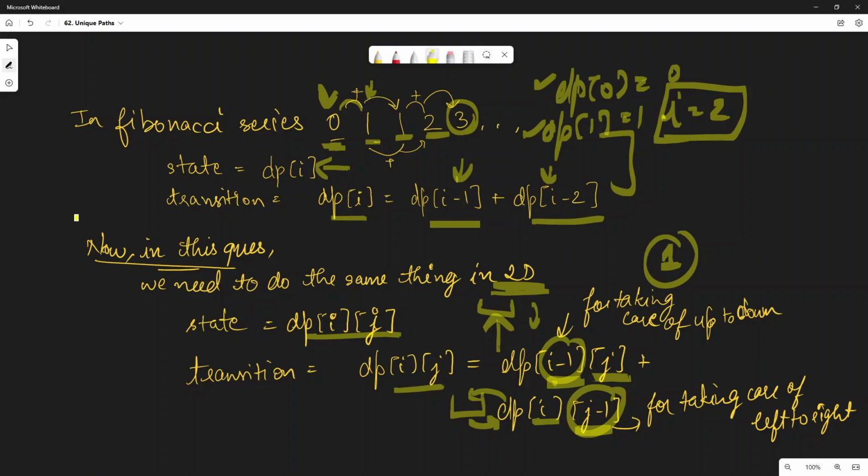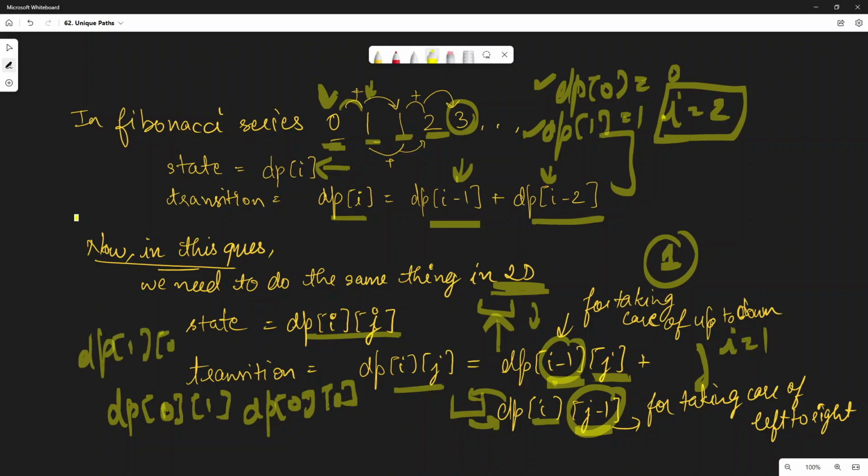And here we will be starting from i equals 1, because our dp of 0, 0, then our dp of 0, 1, and our dp of 1, 0.